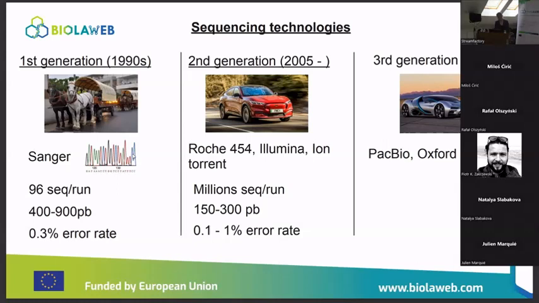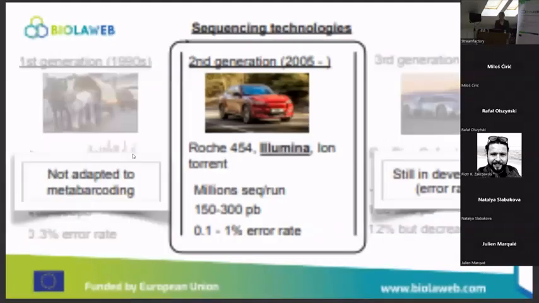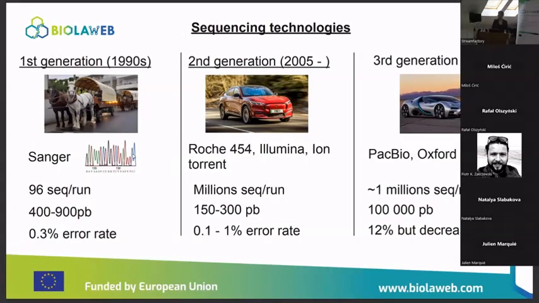And the third generation, PacBio and Oxford Nanopore, are very cool because you can have quite a good amount of sequences and with very large fragments of DNA. But the problem is at the beginning you had very high error rates.